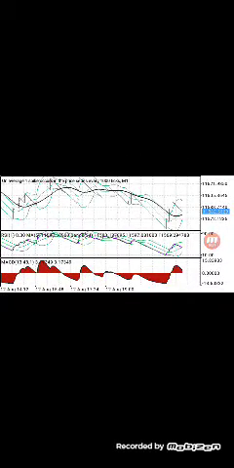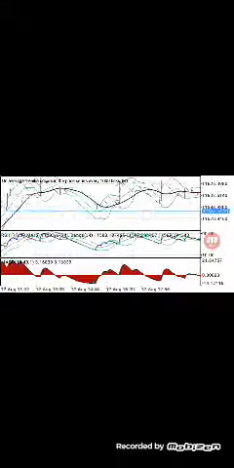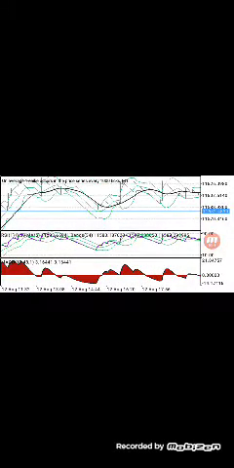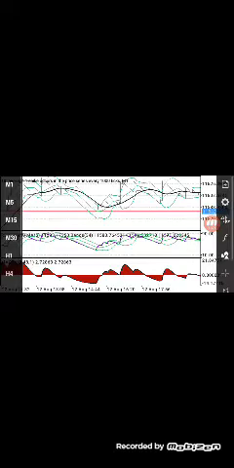When you see your moving average 48 crossing the price to the upside, then check your MACD here. If MACD crosses the 0 point, it means that the market is going for an uptrend.